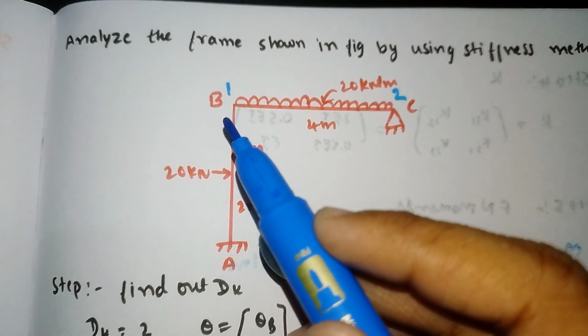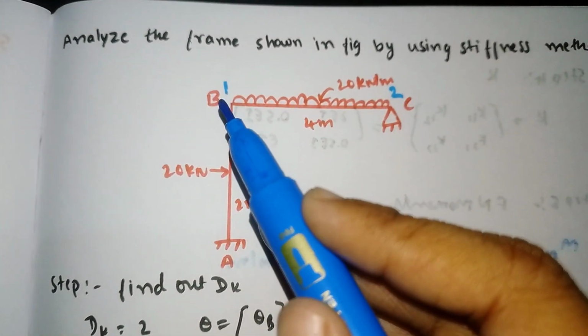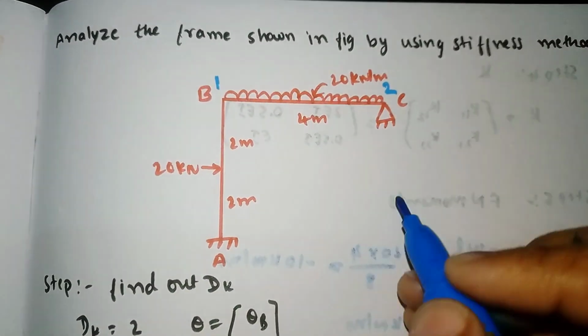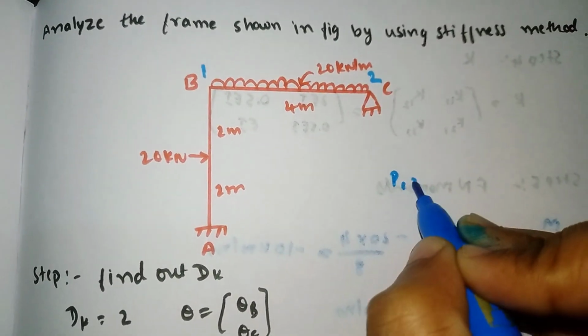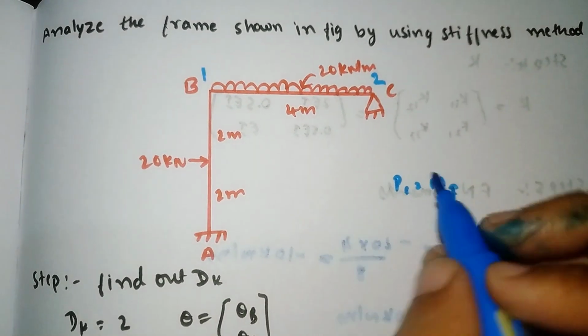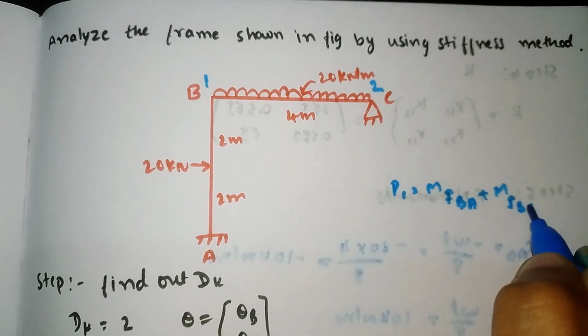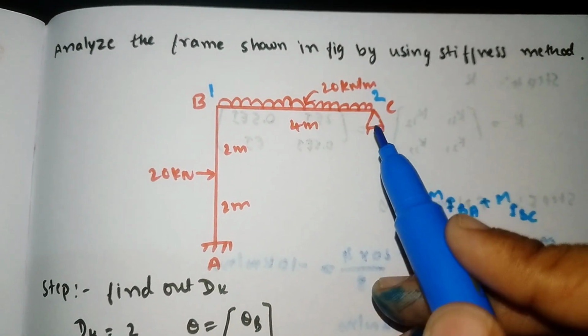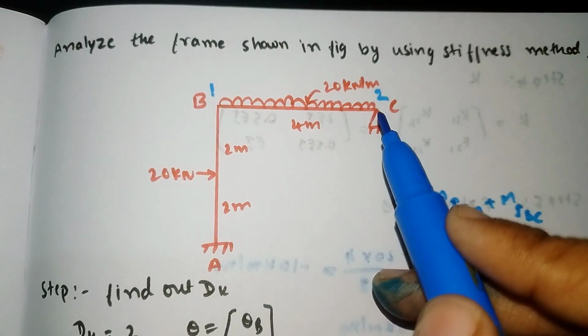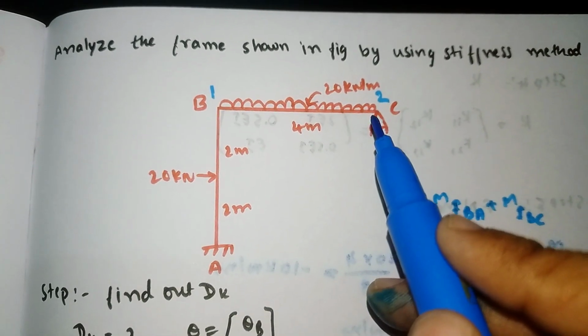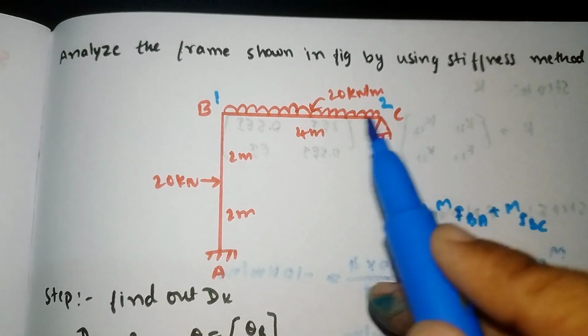MFBA plus MFBC. So, our P1 will be MFBA plus MFBC, and P2 is the total fixed end moment at coordinate number 2. Here there is only one fixed end moment, that is MFCB.